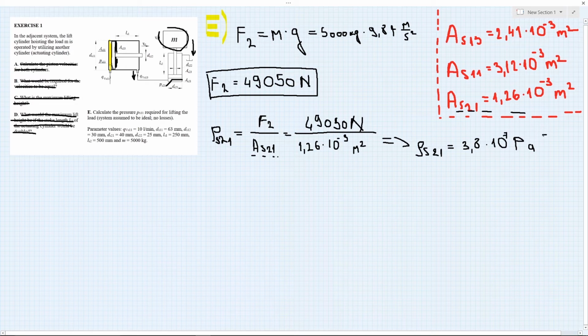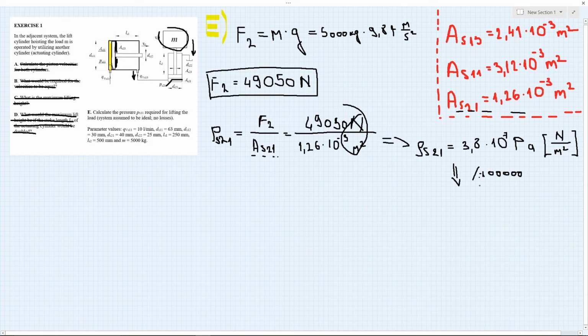Okay, we said that pascals are newtons divided by meters squared, which we have right here. And we have to convert this to bars. When you're converting pascals to bars, you just divide the pascals by 100,000.